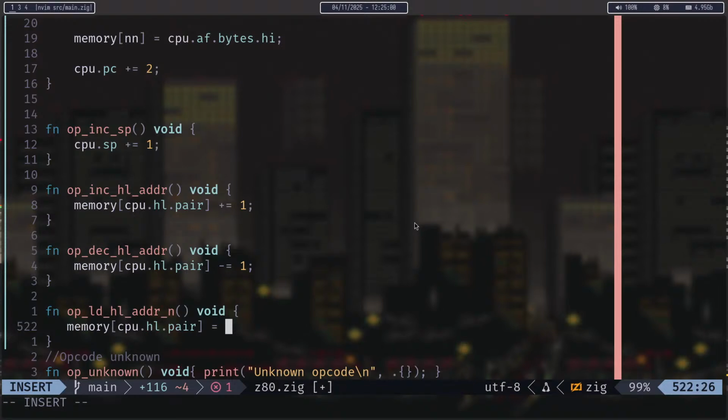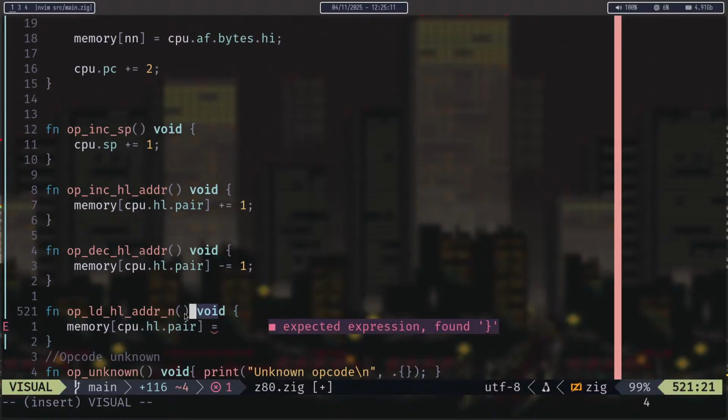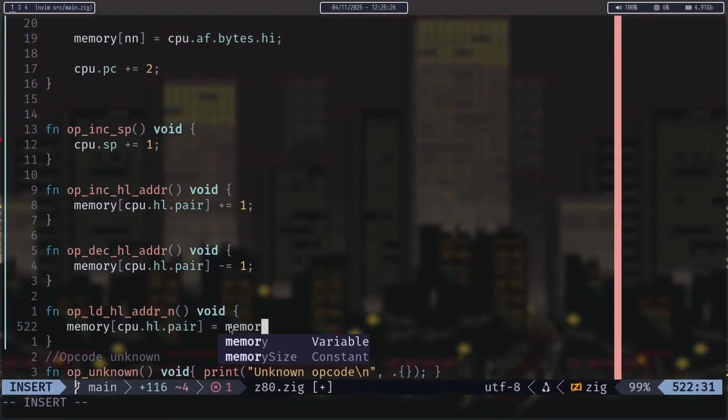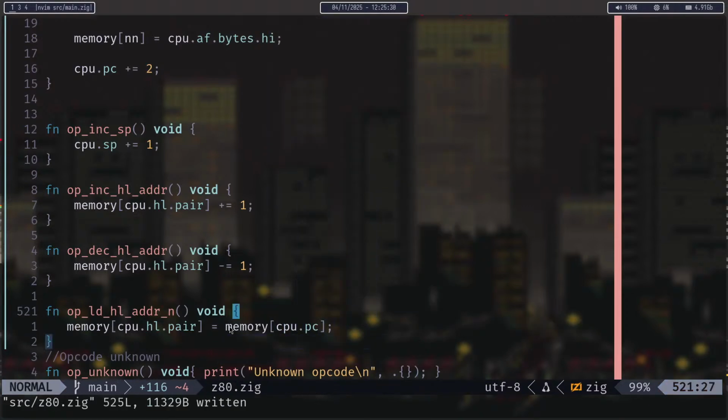I mean, it can be an address, but it can't be a value either. It can't be the PC itself, right? I mean, maybe it can. I gotta ask memory CPU.pc. Right.